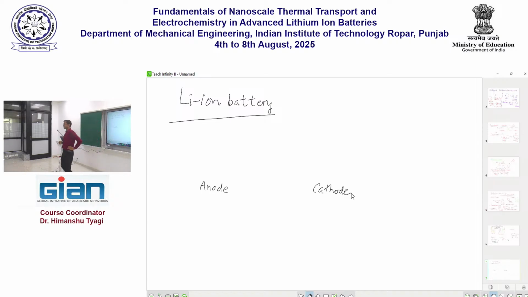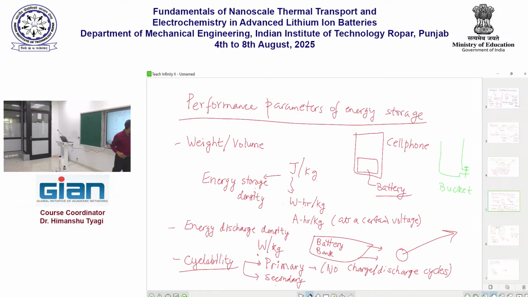Typically, the working material in a lithium ion battery is a lithium salt, such as LiMNO2, or lithium iron phosphate, LiFePO4, and so on. There is a whole world of material scientists, chemists, who worry about these chemistries and who come up with the right material which will satisfy all of those requirements that we talked about a few slides ago.